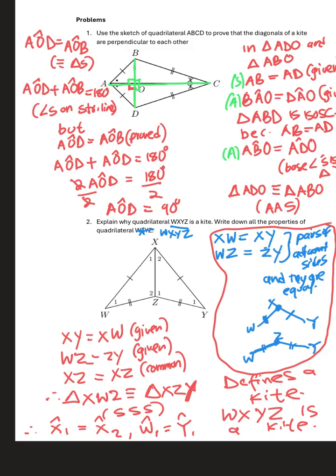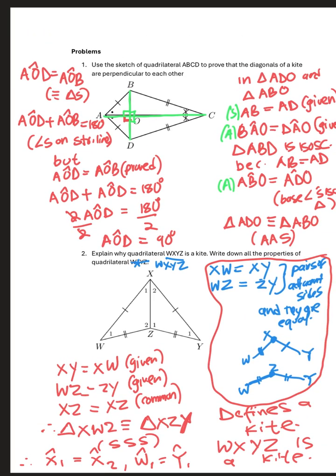And then the other one is that angle Z1 is equal to angle Z2. So these are the extra properties that we needed to list.